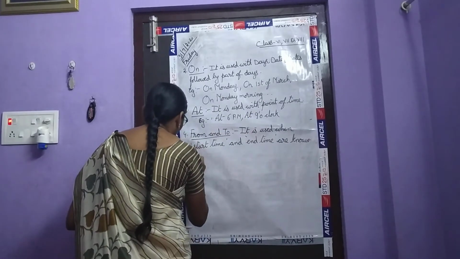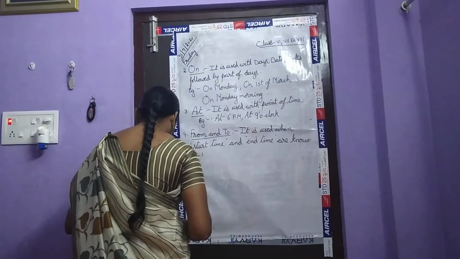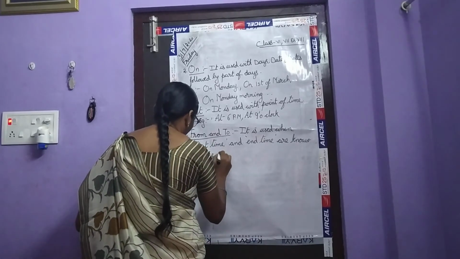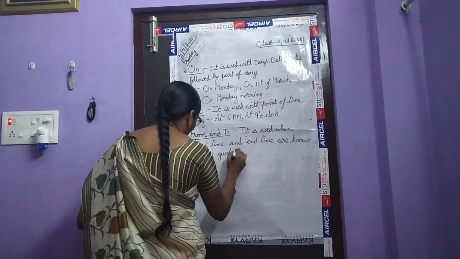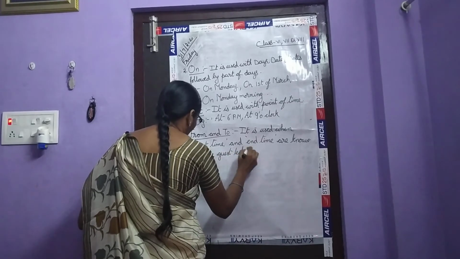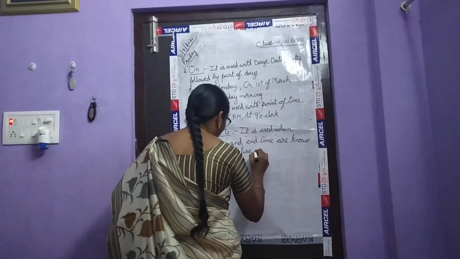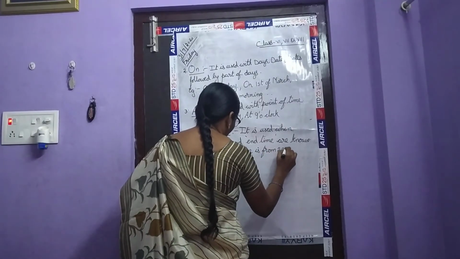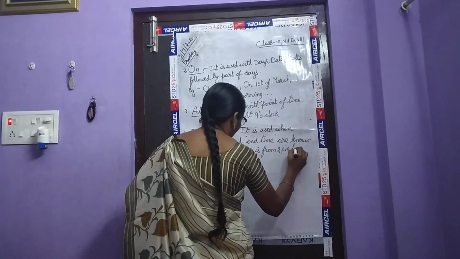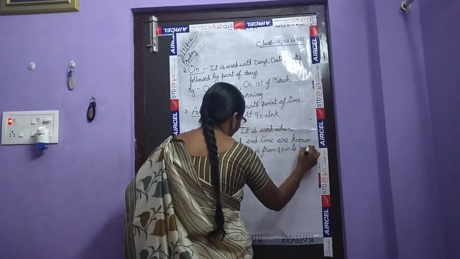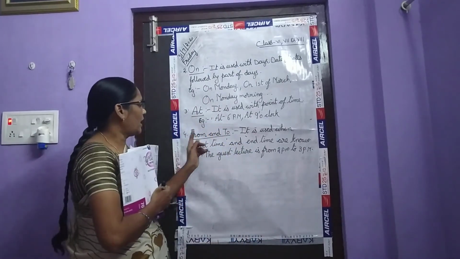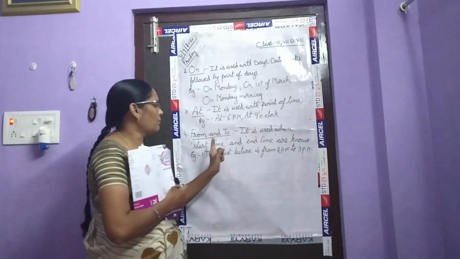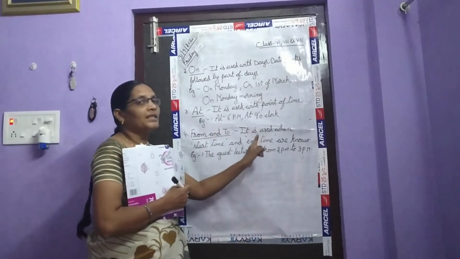For example, the guest lecture is from 2 p.m. to 3 p.m. Where do we use from and to, children? From means starting time, to means ending time.